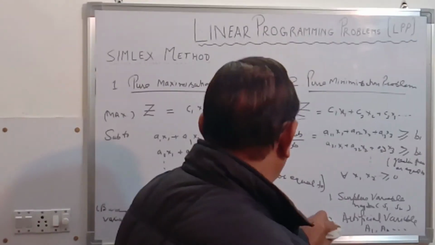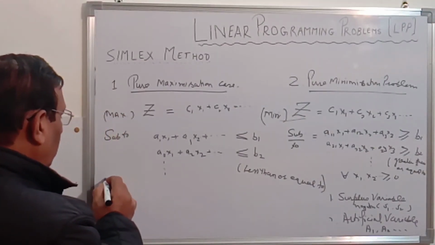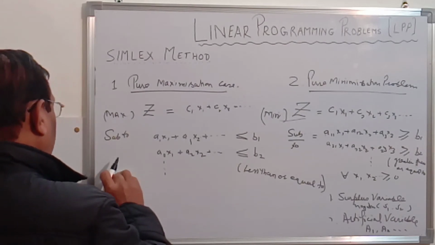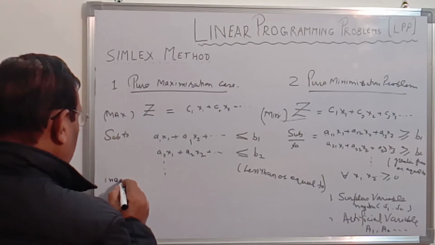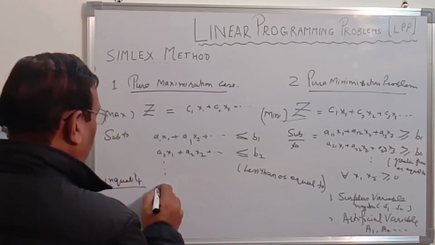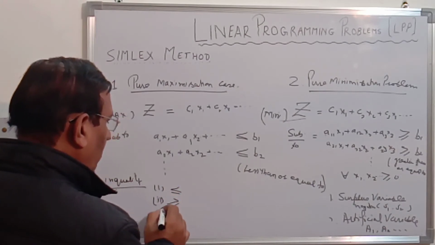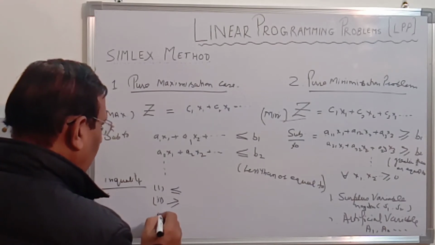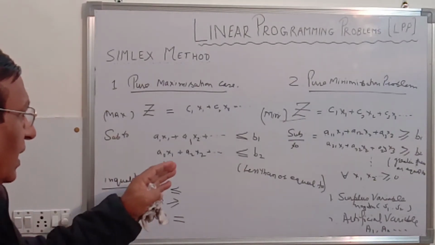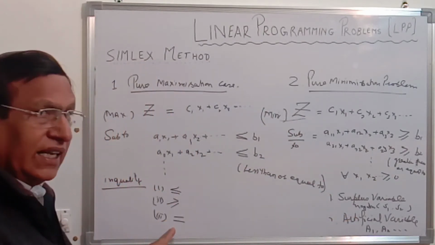And one thing more, let me clarify. Equations, or you can say inequalities, are of three types: less than or equal to, greater than or equal to, and third is exactly equal to, because your constraints can be less than or equal to, greater than or equal to, or exactly equal to.